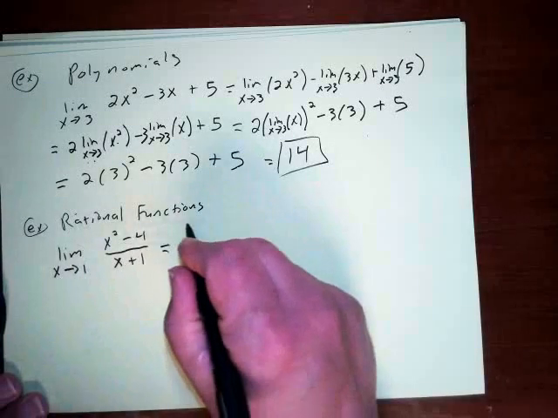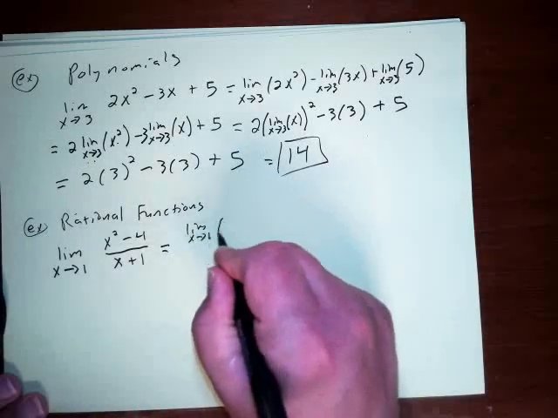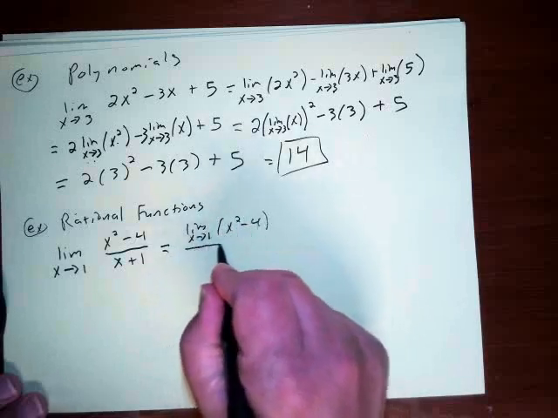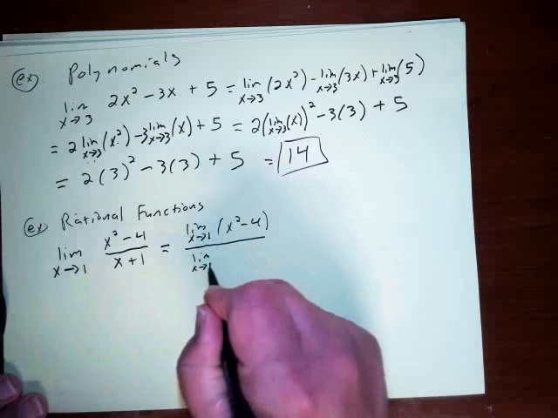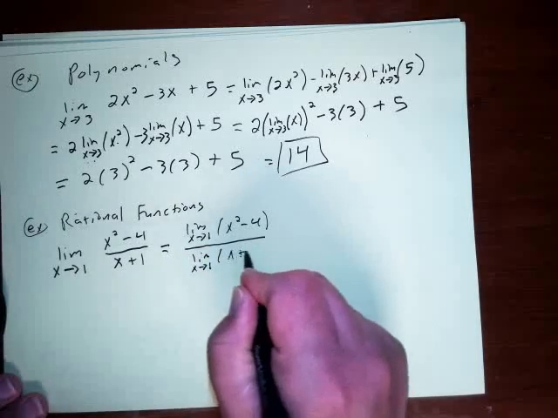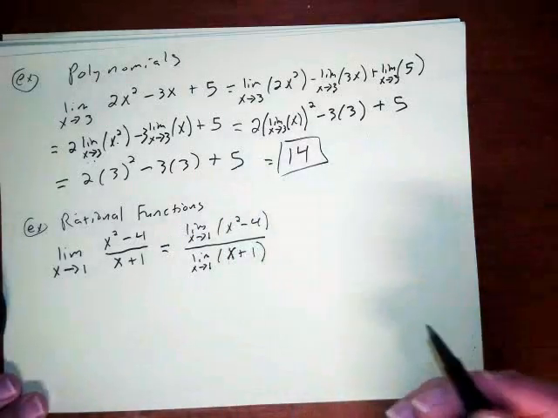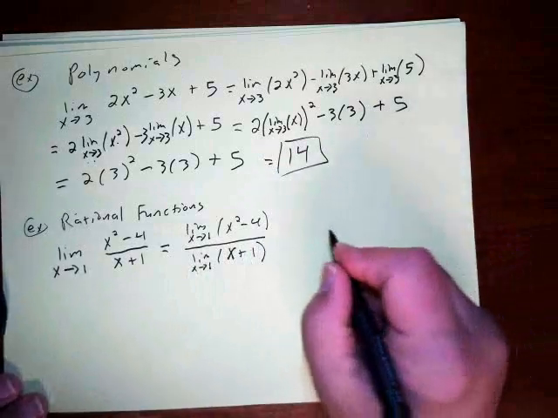So that means I can split this up. So this would be limit as x approaches 1 of x squared minus 4 divided by the limit as x approaches 1 of x plus 1. Right? And I can split this up because this limit doesn't equal 0.